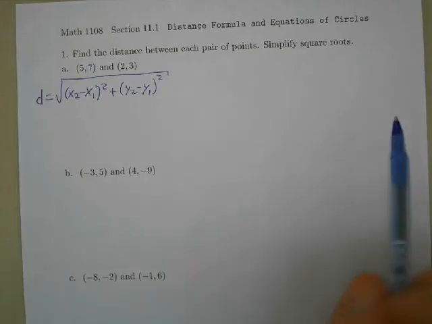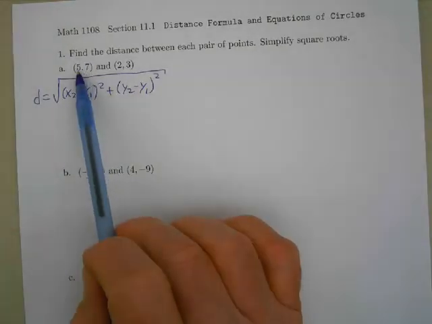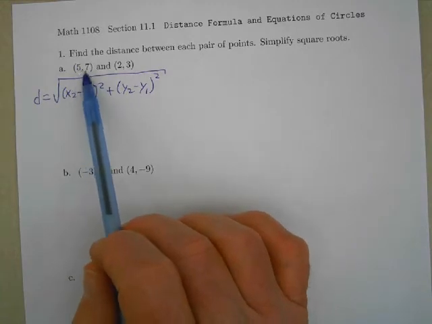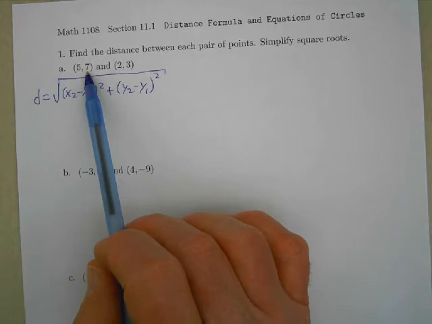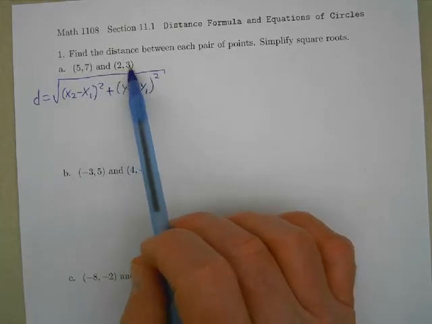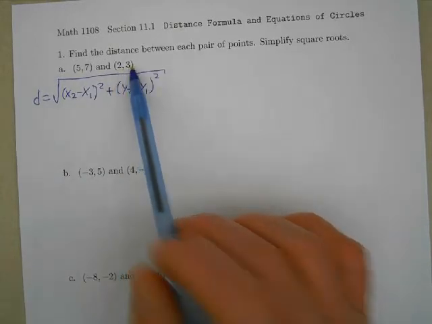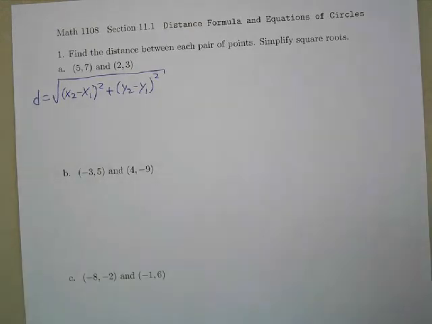I'll pick 5, 7 to be the x1, y1, and I'll pick 2, 3 to be x2, y2. I can do it either way, it's okay.